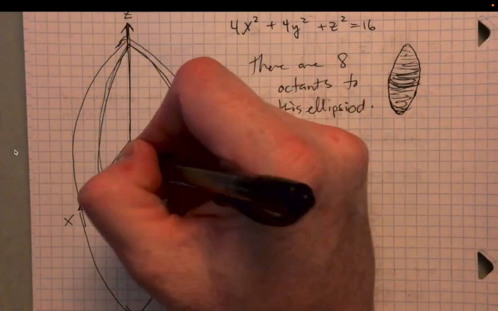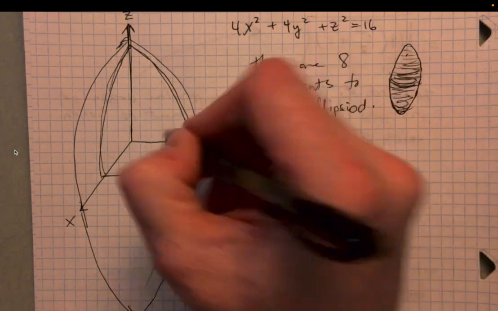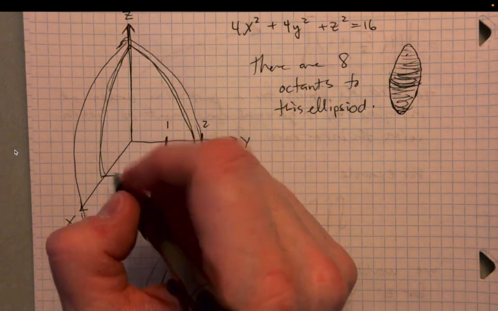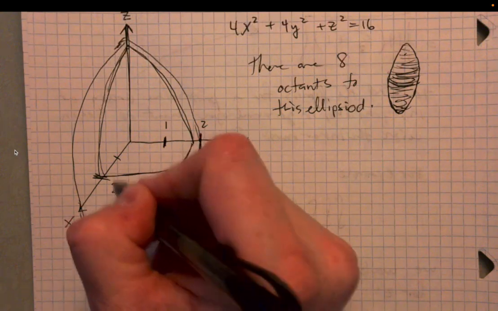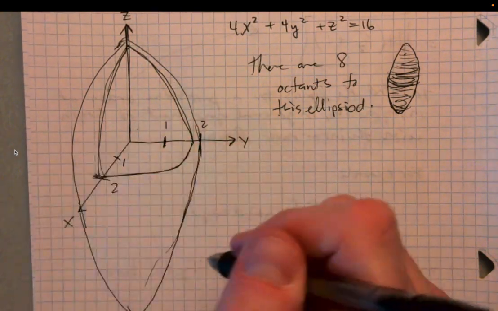So you can think of 1 and 2 on the y-axis, and 1 and 2 on the x-axis, and then -1, -2 on the x-axis and -1, -2 on the y-axis.